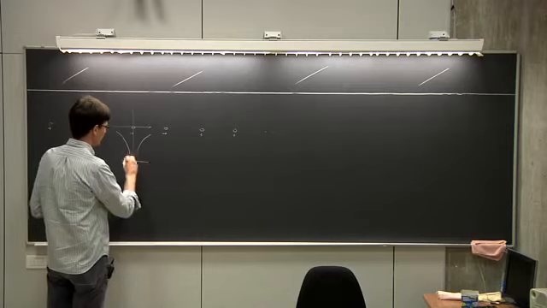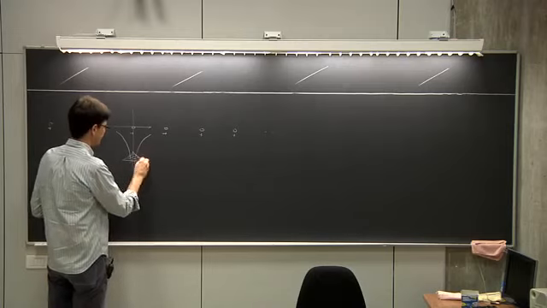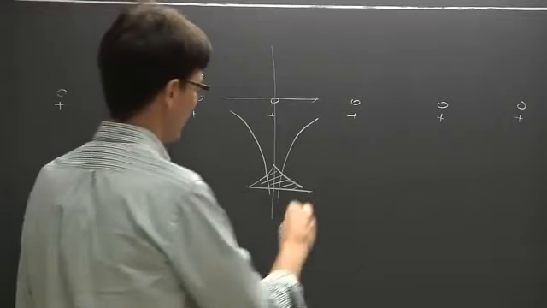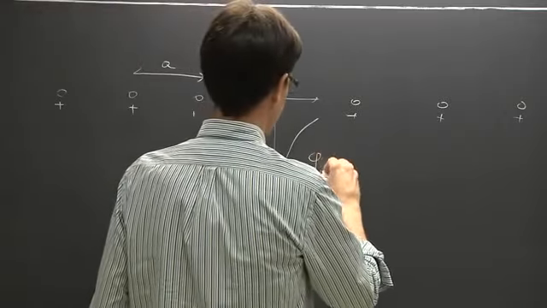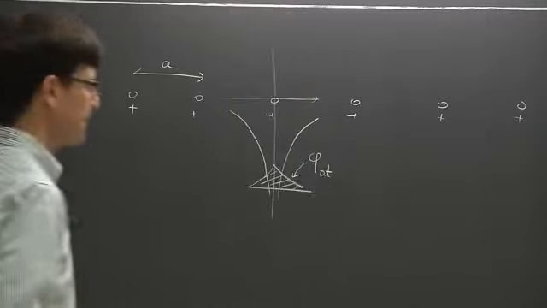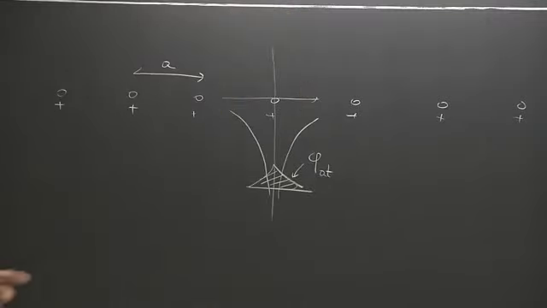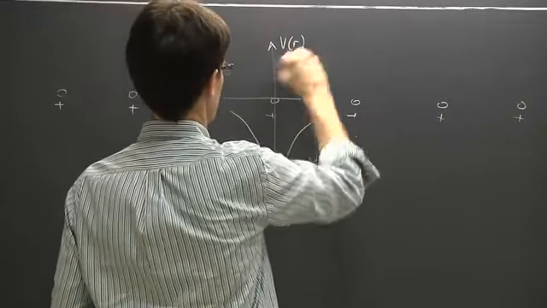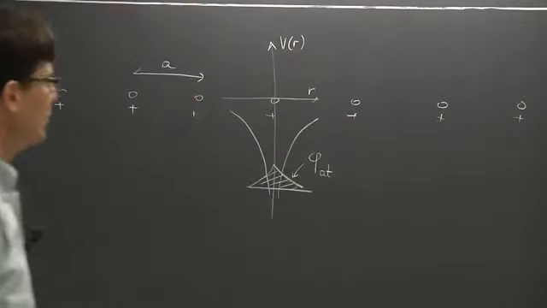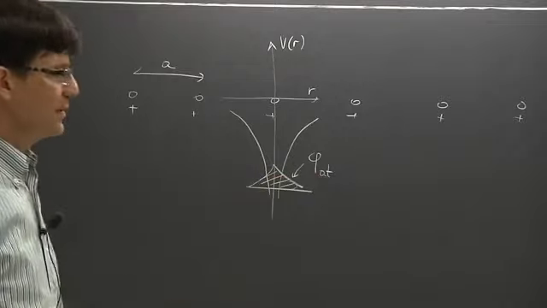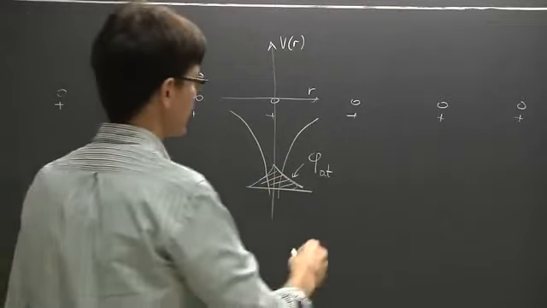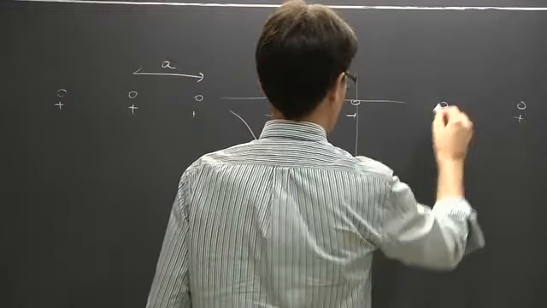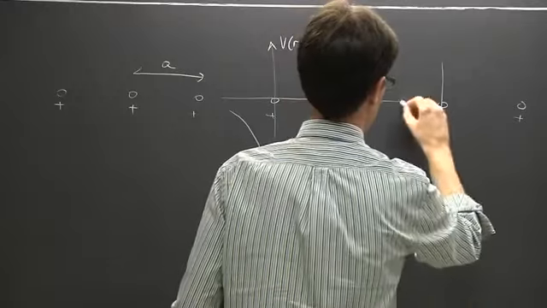We have some states here, which we will denote as phi atomic. Each one of these atoms will have the same atomic state as a starting point, so there will be one here, there will be one here, and so on and so forth.